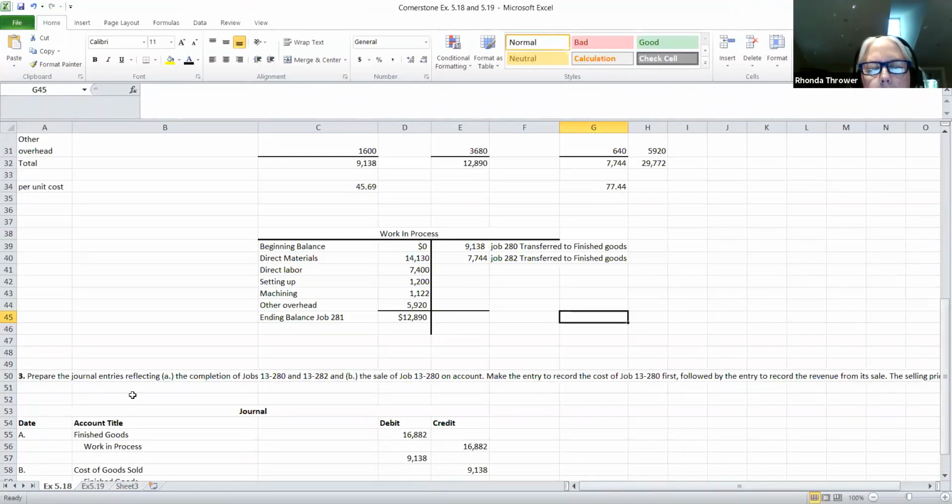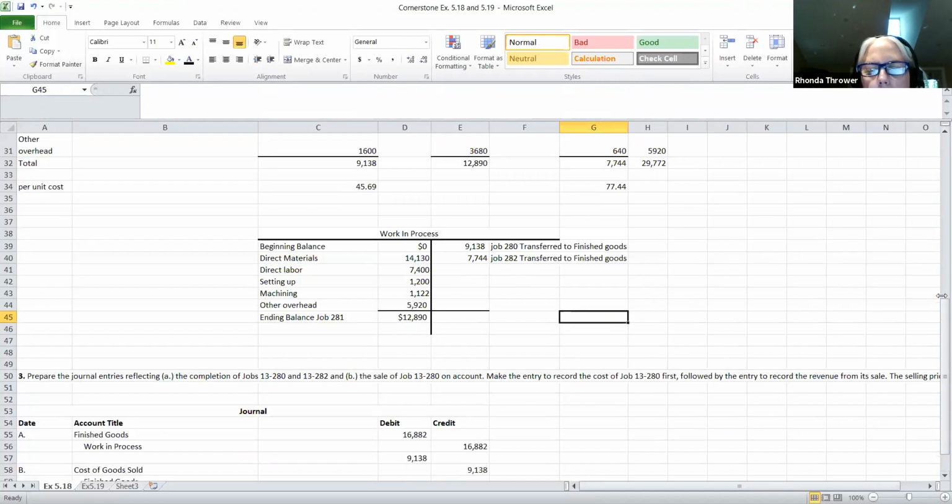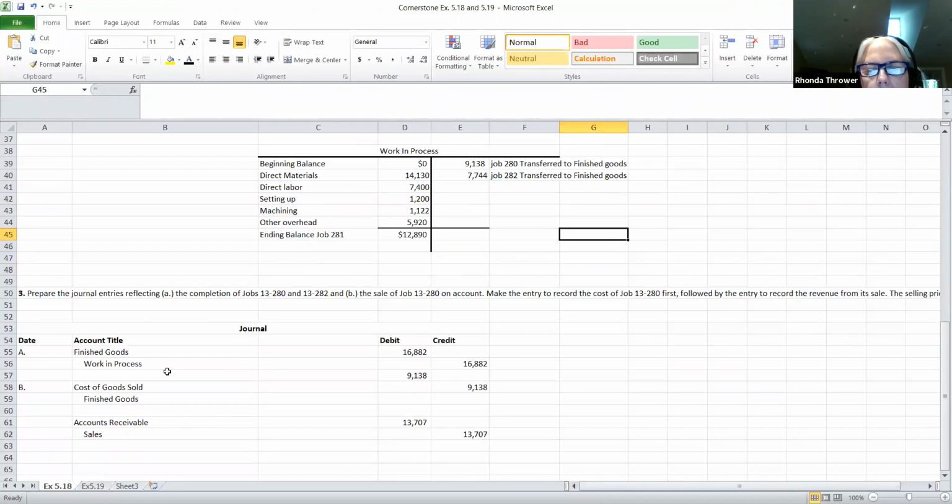Then they want you to prepare the journal entries reflecting the completion of jobs 280 and 282. All right, so both of these jobs were finished, and you can see how I credited each one of them separately. What I could have chosen to do is combine both of these together and credit at one time, and then we would debit our finished goods. And that's what I did here.